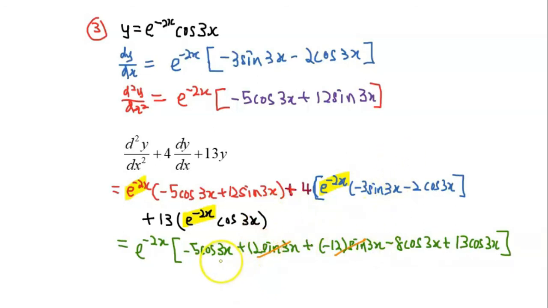For cos 3x, here we have negative 5, here we have negative 8, and lastly we have 13. Also, we can simplify it to become 0. Therefore, e to the power of negative 2x times 0 equals 0. Lastly, we managed to prove that this equation equals 0.